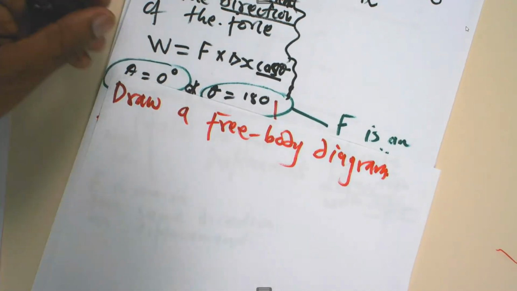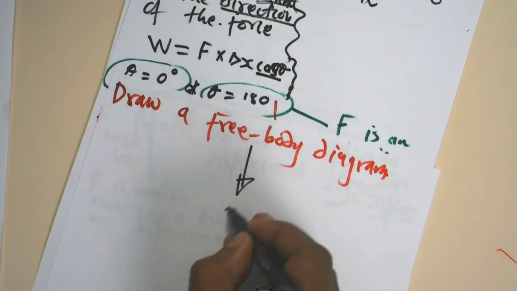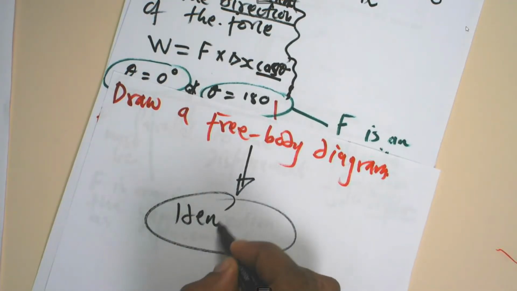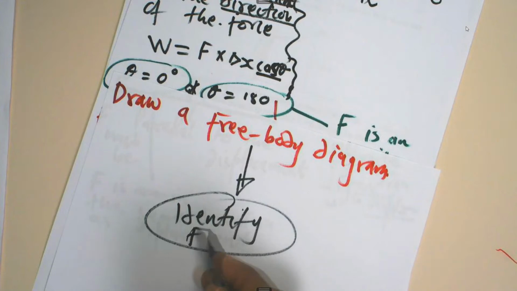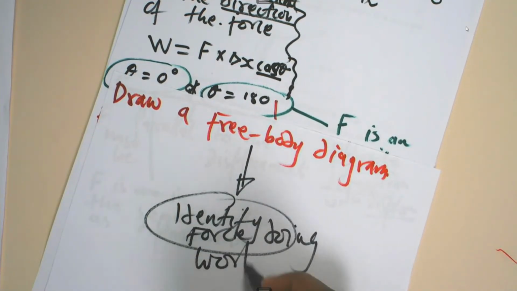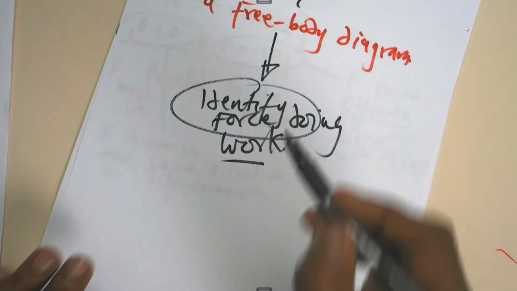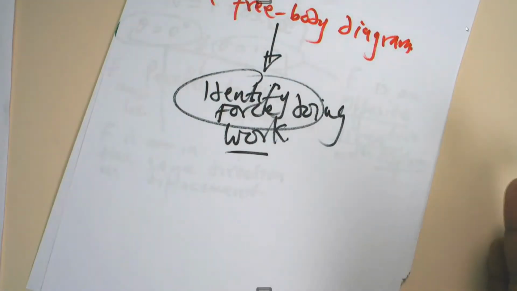So first thing is we draw a free body diagram. From the free body diagram, we identify forces doing work. If I am able to identify the forces that are doing work, it becomes easy for me to know which direction to use, given the information. Is it going to be a cos of 90, cos of 0, cos of 180?